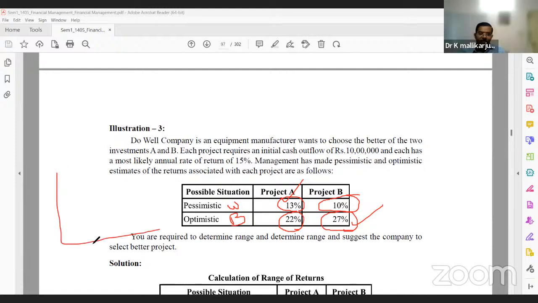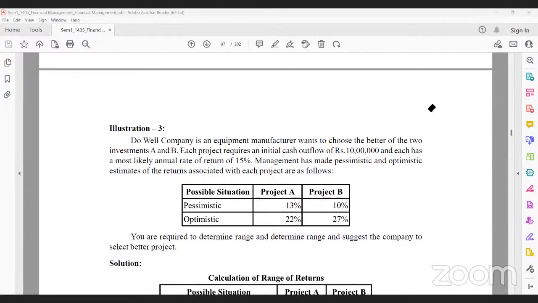Out of 5 years, the firm goes like this: this is the best time, this is the worst time, again best time, worst time. In the best time, everyone gets a good profit, but in the worst time, not. So now you tell me, which project is better, A or B, considering these two?